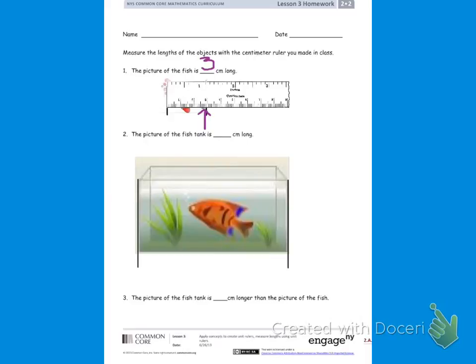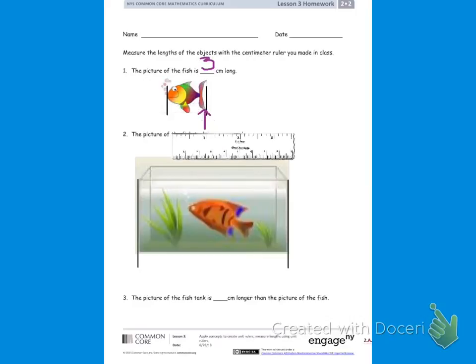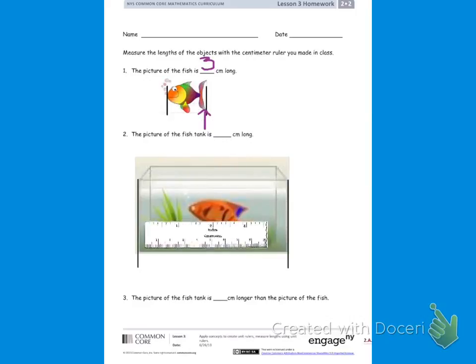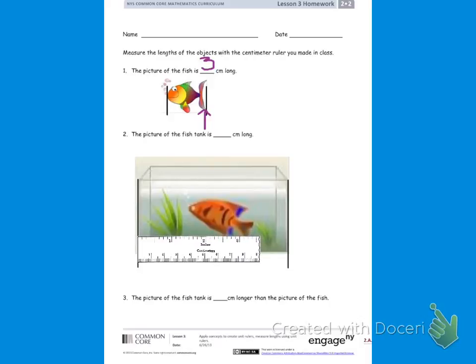Now I'll go ahead and try to measure the picture of the fish tank. I'll move the ruler. Again, I'll line it up with the end. Your ruler is longer than mine, so make sure that you line your ruler up with the line at the end of the fish tank so that you're starting on the edge.